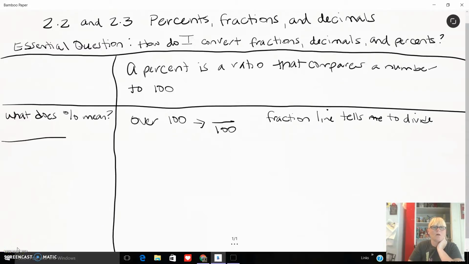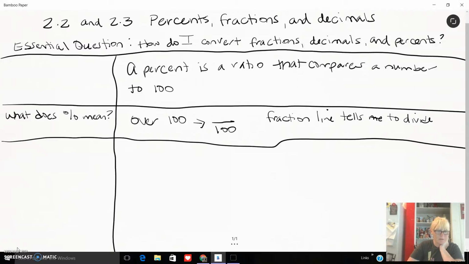All right, so that being said, let's say I want to take 55% and make it a fraction. Well, I know that this percent sign right here tells me to do over 100. So it's 55 over 100. And then I simplify.